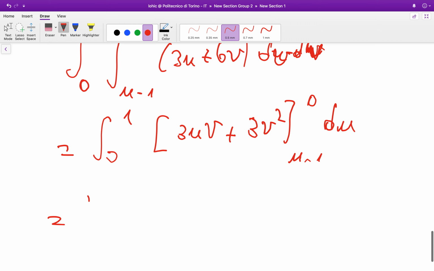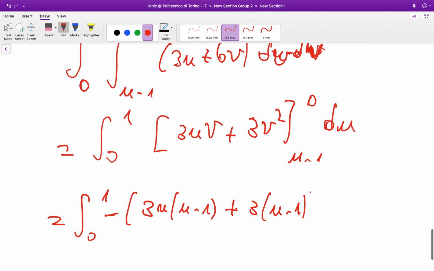So it gives us the integral from 0 to 1 of: if we put 0, it is 0. Then if you put u minus 1, it will give us minus, because remember that we are doing the substitution of v, 3u multiplied by u minus 1 plus 3 times u minus 1 square, right?